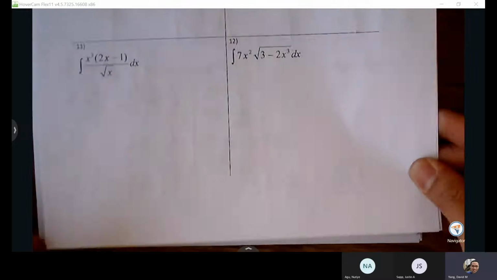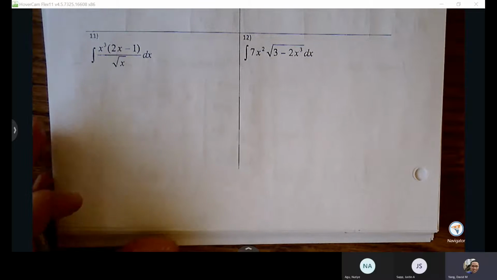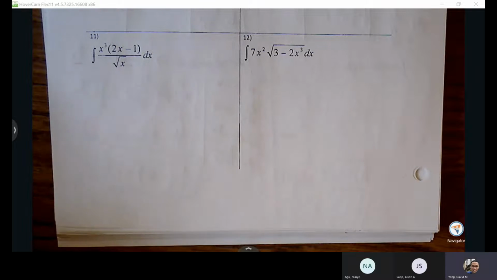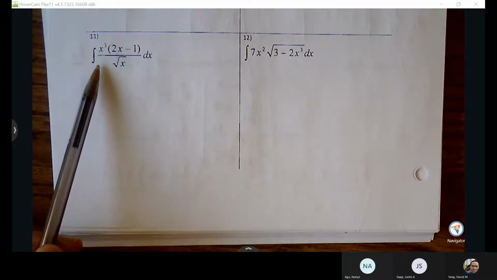All right, back page. Okay, let's look at number 11. Okay, there's parentheses in the denominator. Can I rely just on expansion and power rule for this problem?